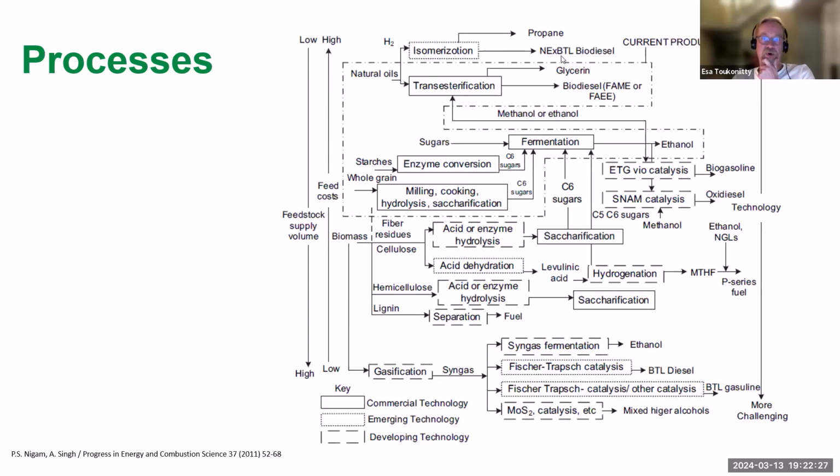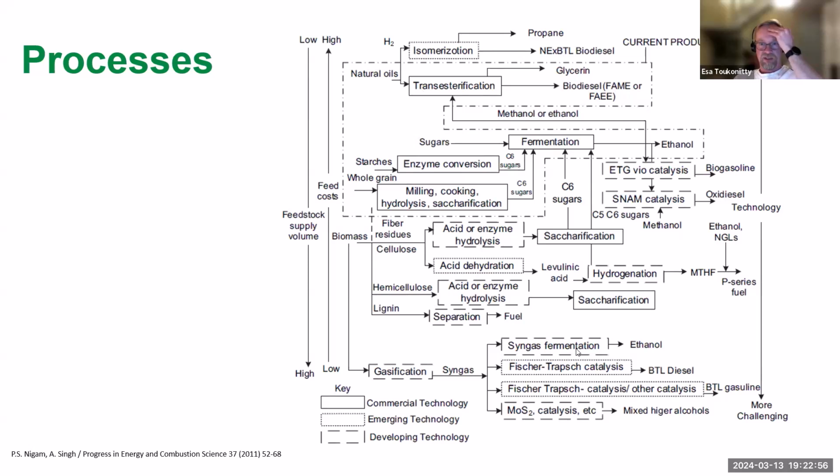The process is called NextBTL, or this comes from the words next generation biomass to liquid. I don't know if we can find anything new in here. It's probably the main things: transesterification, fermentation.